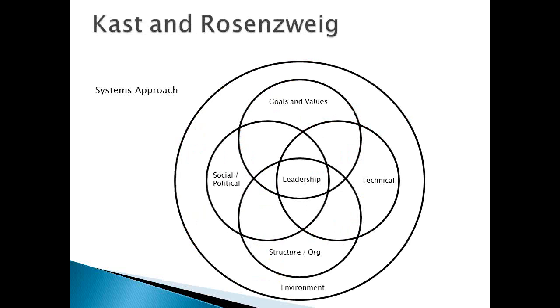There are goals and values, technical accountabilities, social political components, and the structure of the organization. You put all those together, and where they overlap, that's the idea of this Venn diagram, is where the leadership fits.